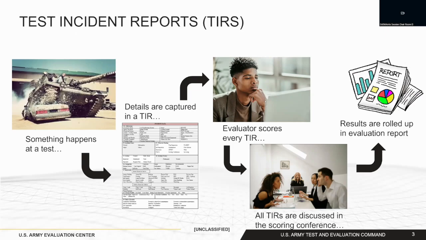And often DOT&E will be going through them as well independently. Then all of these representatives will get together in a TIR scoring conference where we will discuss the TIRs, get further information as necessary, get any RFIs addressed, and come to a final consensus or as close to consensus as possible on the scoring of the TIRs, and ultimately they got bundled up into a report.